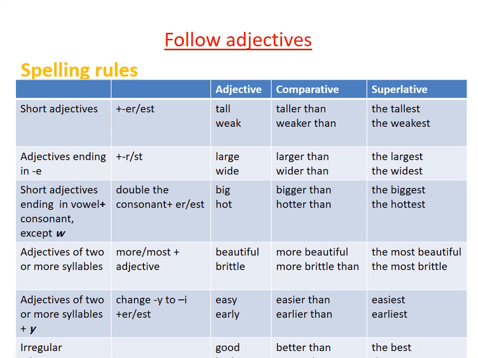Clear? So these are irregular adjectives and you have to remember them. If I give you good between two brackets and ask for the comparative, you will say better. If it is superlative, you will say best. Bad will be worse, worst. Far will be farther, farthest.